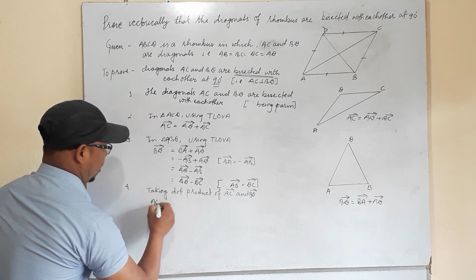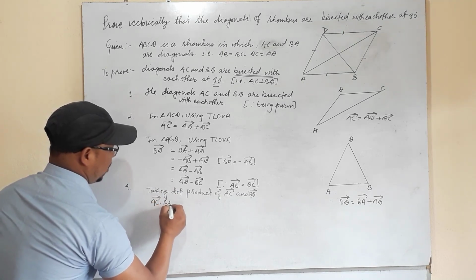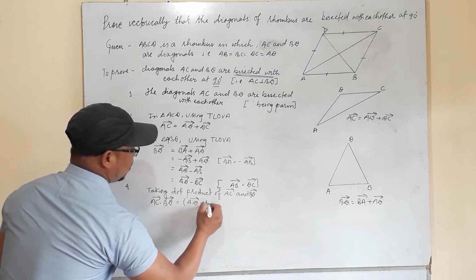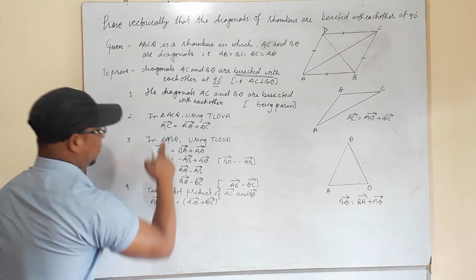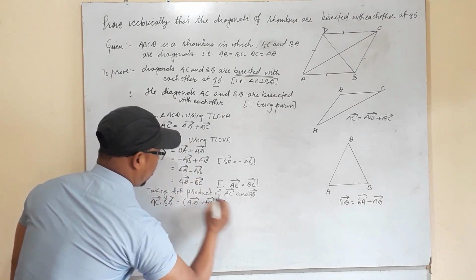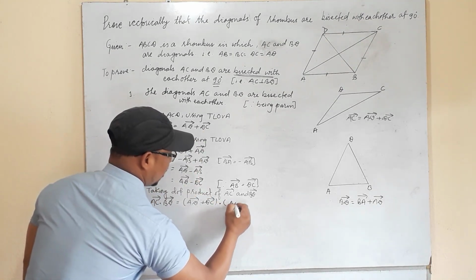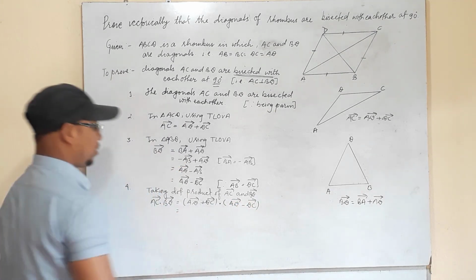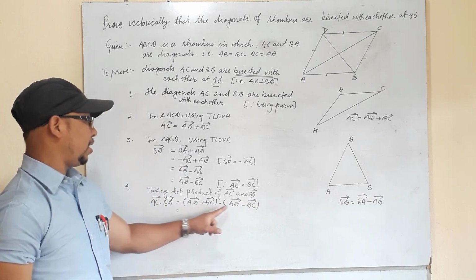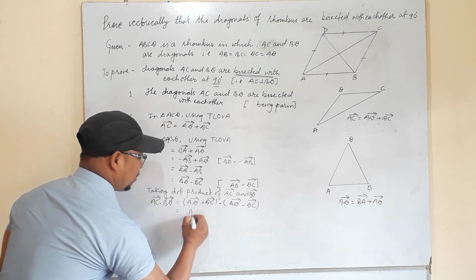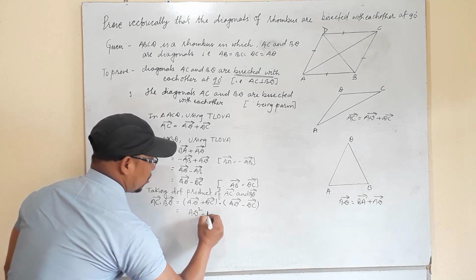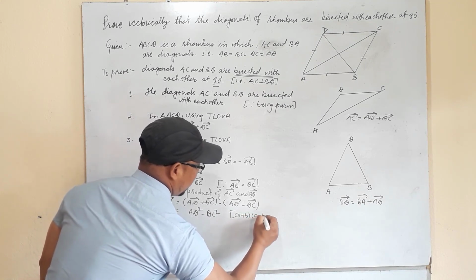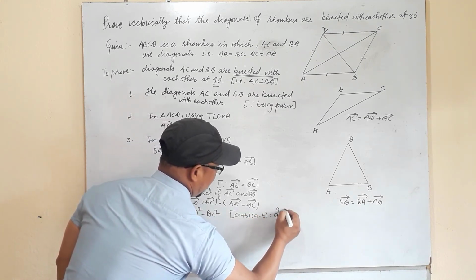AC dot BD equals, AC means AD plus DC, dot BD, which means AD minus DC. Now look, this is A plus B times A minus B, so it can be changed to A square minus B square. That is, A plus B times A minus B gives A square minus B square.